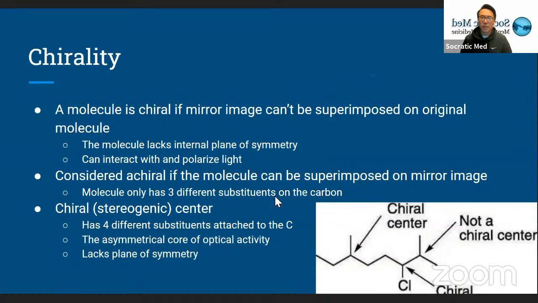So we can say a molecule that's chiral can have optical activity. And a molecule is considered achiral if it can be superimposed on its mirror image. So if a carbon only has 3 different substituents, then the carbon is considered not a stereogenic center.